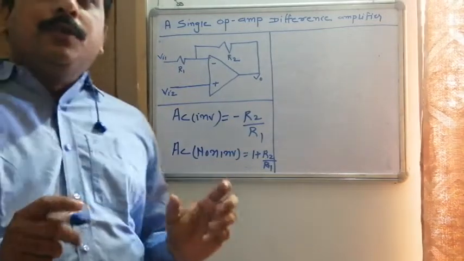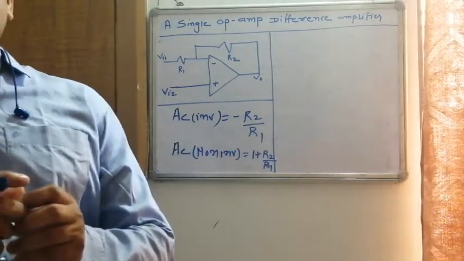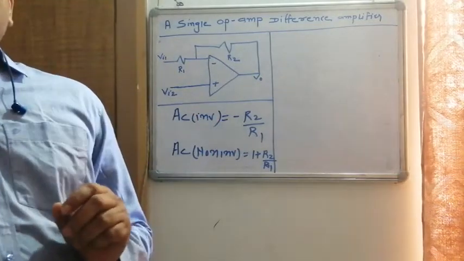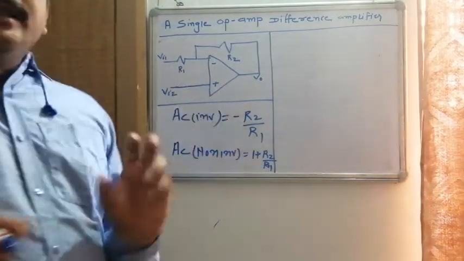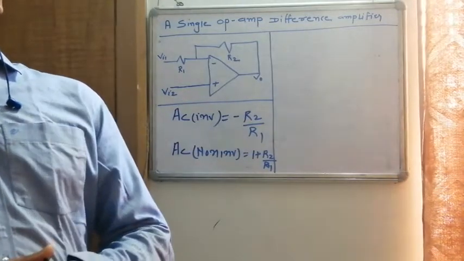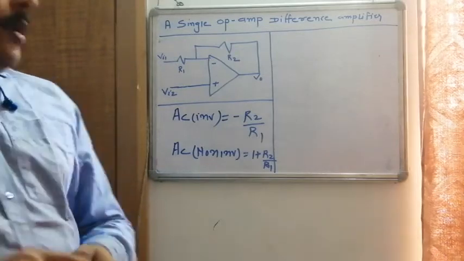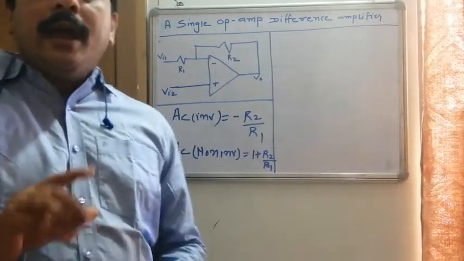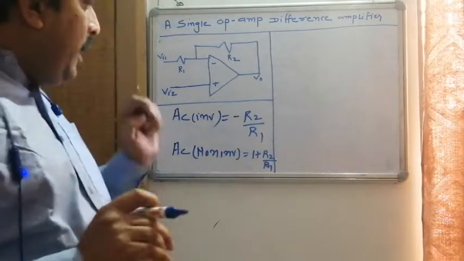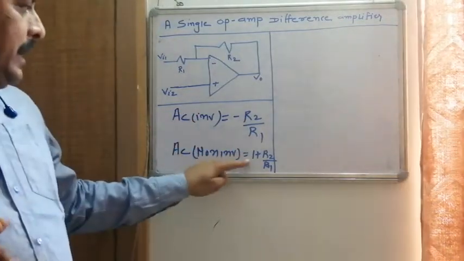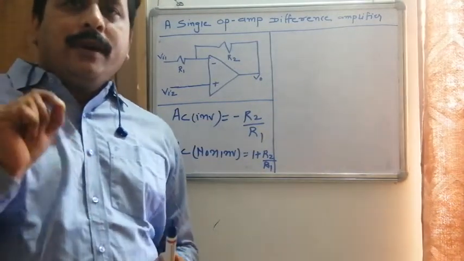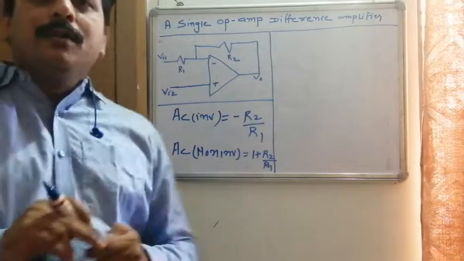It means if I sum up these two values for applying the superposition theorem, the gains will cancel out somewhat, but not perfectly. For making a difference amplifier, we have to perfectly match these two gains. Here we notice that the gain of the non-inverting configuration is greater than the gain of the inverting configuration.